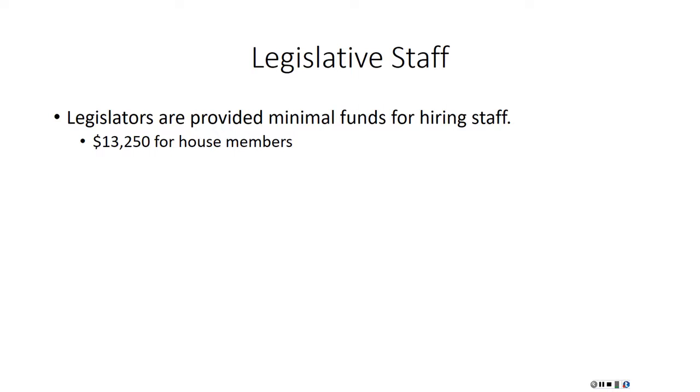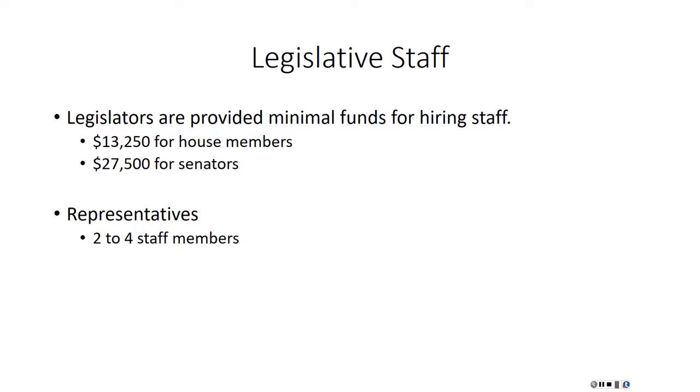That's not a lot of money. Senators, hey, they get more. They do represent more people. They get $27,500. Once again, still not a lot of money. This means that representatives usually hire 2 to 4 staff members. Senators, 4 to 14.